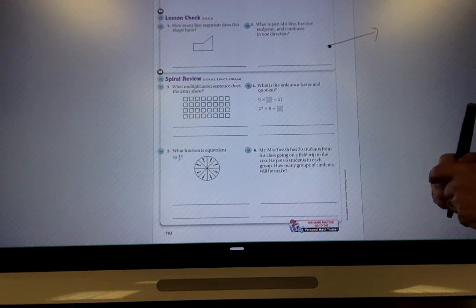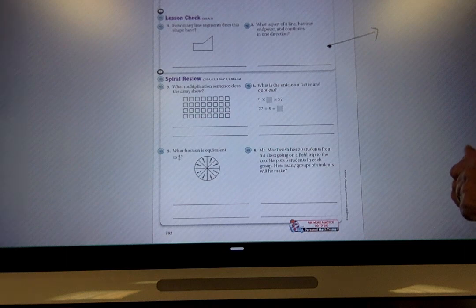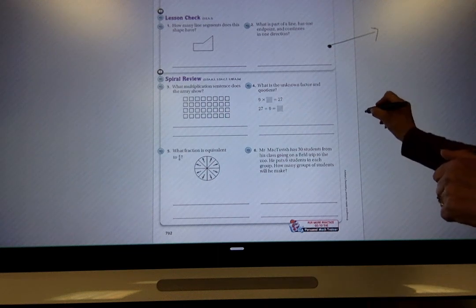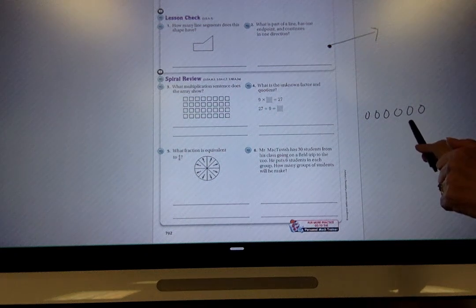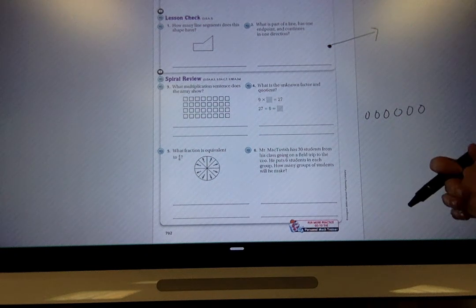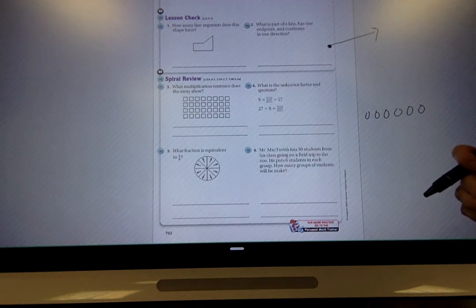Number 6, Mr. McTavish has 30 students from his class going on a field trip to the zoo. He puts 6 students in each group. How many groups of students will he make? So he's got 30 students. We could draw 30 students and then just start putting them in groups of 6 and then find out how many groups we have. Or we could divide. Okay, go ahead and get started. When you're finished, send me a picture.